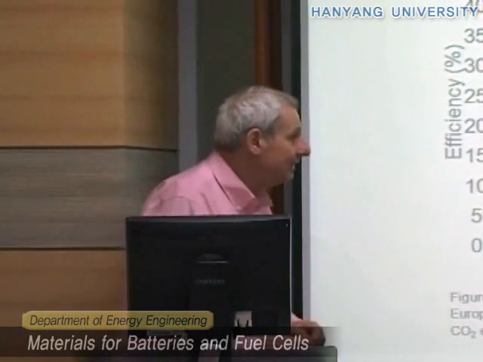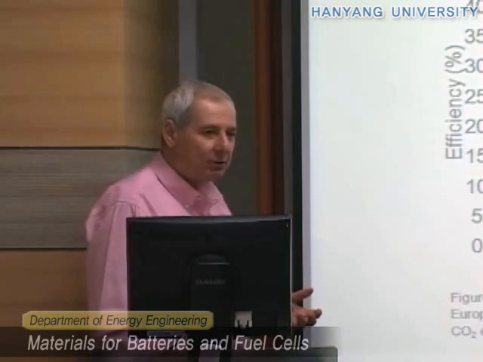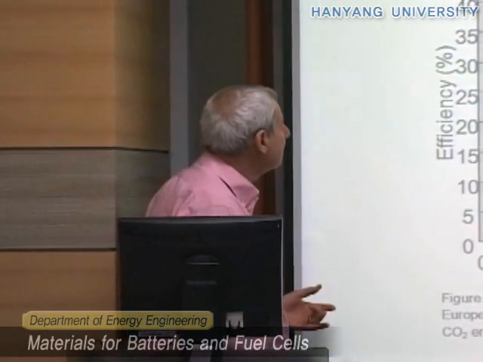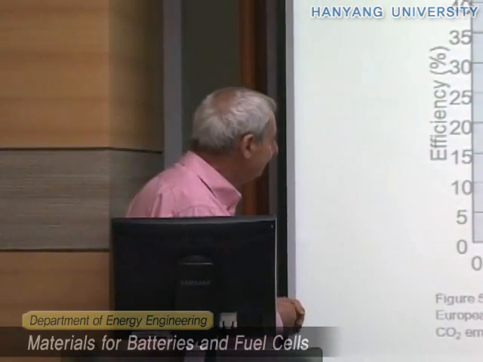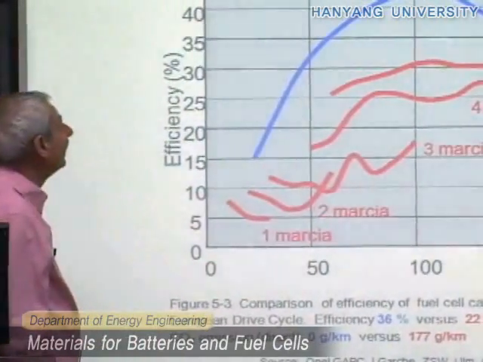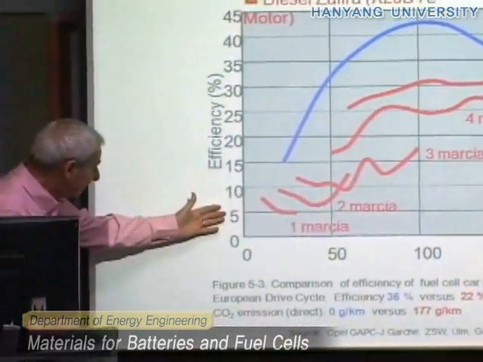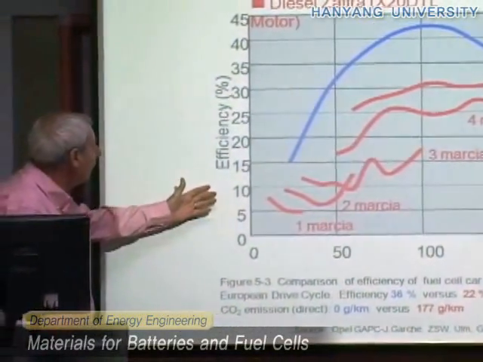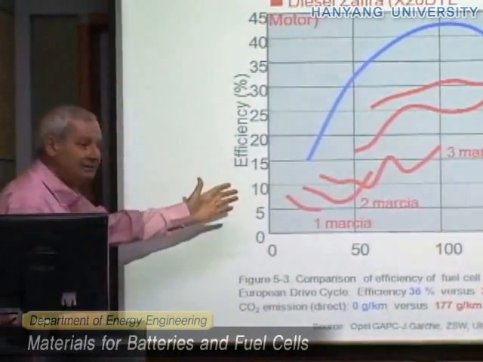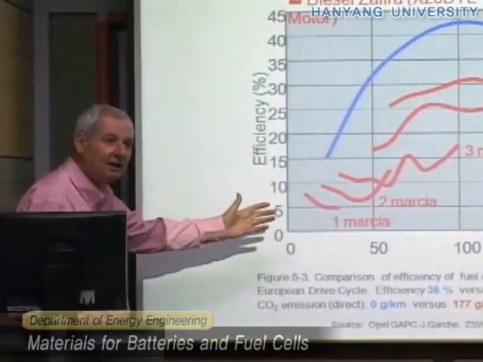But before, you will see another evidence that we should really do that, because this is the efficiency of, sorry, this is in Italian. I will translate that. This is the percentage efficiency of a diesel Zafira. I think it's an American car, not a Korean car, I don't know.